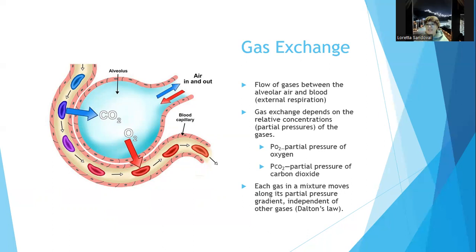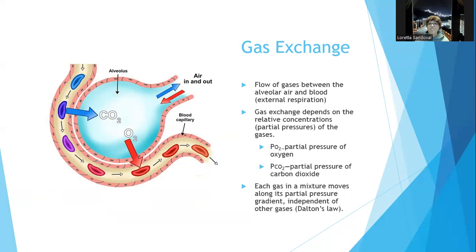And then the air goes in and out through the same passage. So remember, the circulatory system is one way. It's a one way closed circle system. The respiratory system is two way. So you get different things moving one direction versus the other.